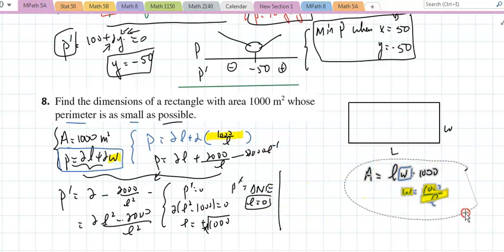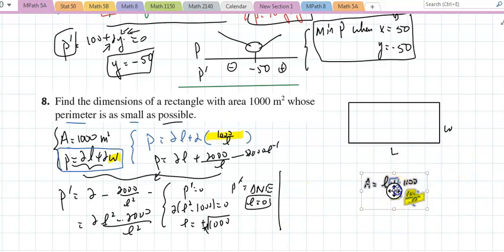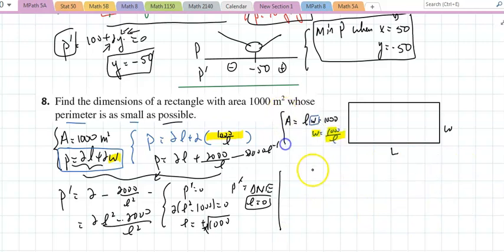When I want to do my testing, I should have put this up there. There's P prime, there's the perimeter, and I want the square root of 1000. To the left, if you don't know what that is, you could take half of it, or you could just take 1. The denominator is always positive. If I put a 1 right there, 2 minus 2000 is negative.